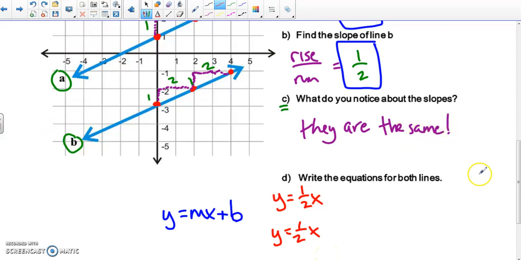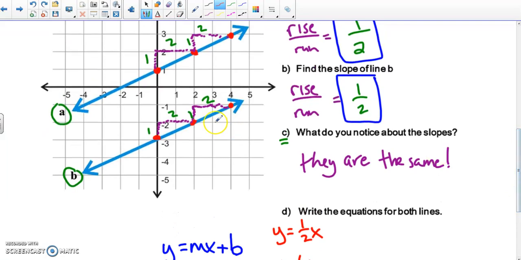And now the only thing we have to plug in is the b value, which is the y-intercept. So the y-intercept for line A is right there at positive 1. The y-intercept for line B is right there at negative 3. Remember, the y-intercept is where the x-coordinate is 0, and basically where the graph crosses the y-axis.